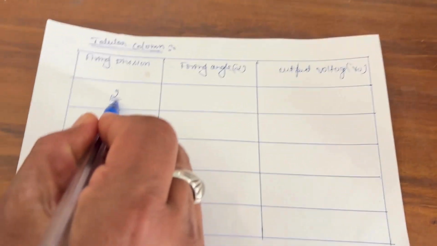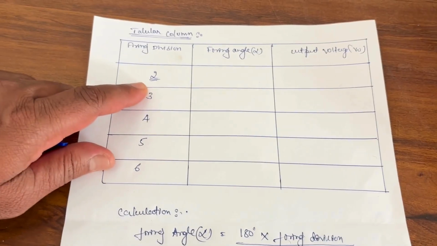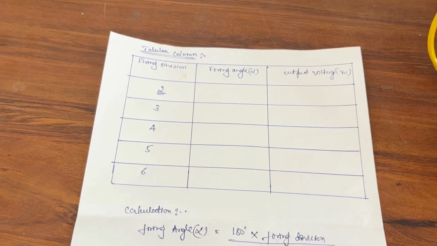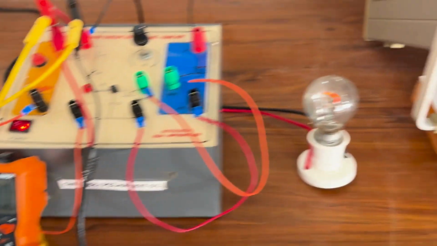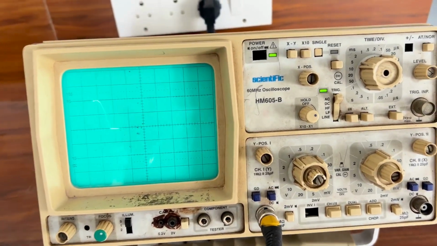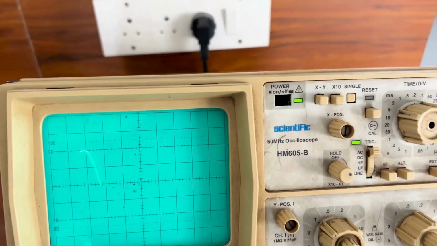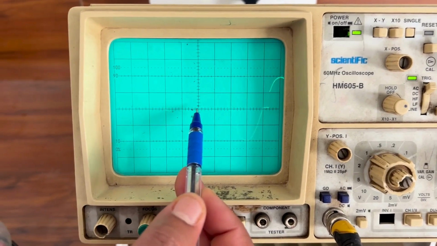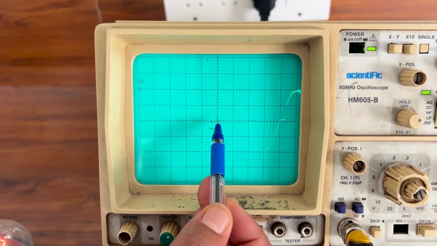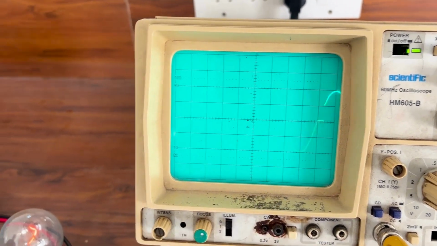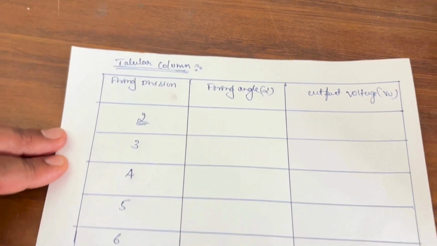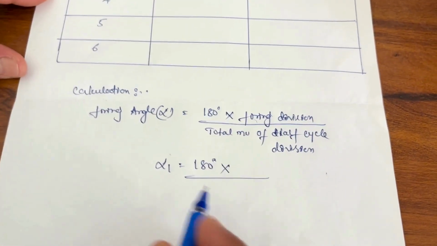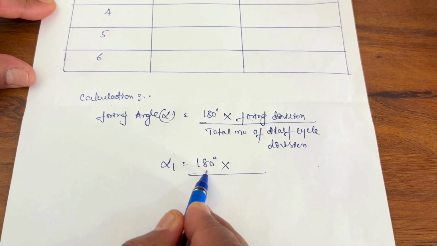So this is firing angle division 2. I have just taken firing angle division 2. We can observe it in the CRO. I'll show you how to observe it in the CRO. You can see the number of divisions, there is 1 and 2. So 2 divisions. Here also I have taken 2 divisions. For 2 divisions, we need to calculate the firing angle alpha. So 180 I have taken for the half cycle.